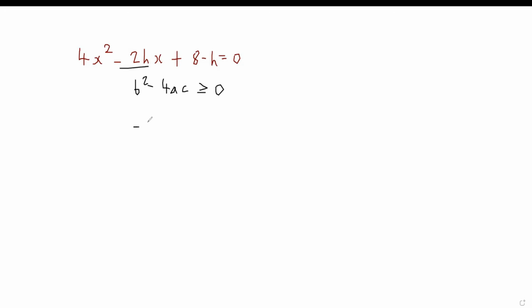So you're going to write minus 2h squared. Is that the formula for AC? Yes, right, b squared minus 4ac. That's the formula for the discriminant. You have to review it. So it's b squared minus 4 times a times c.